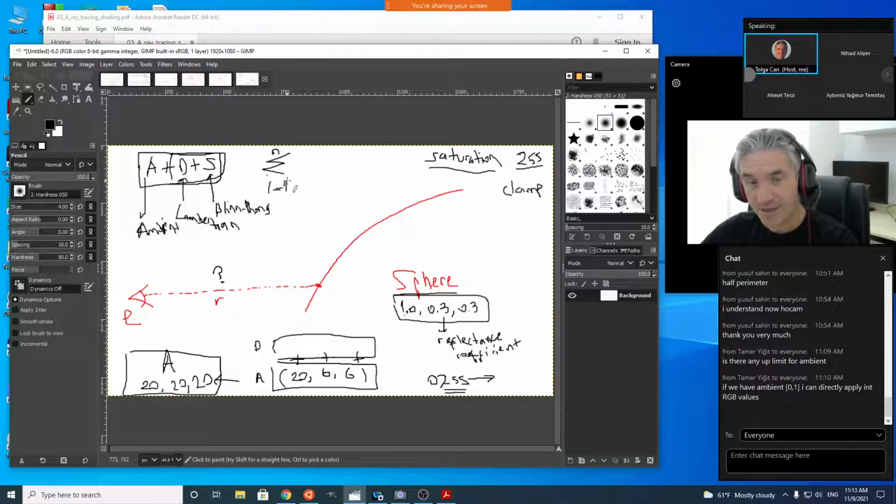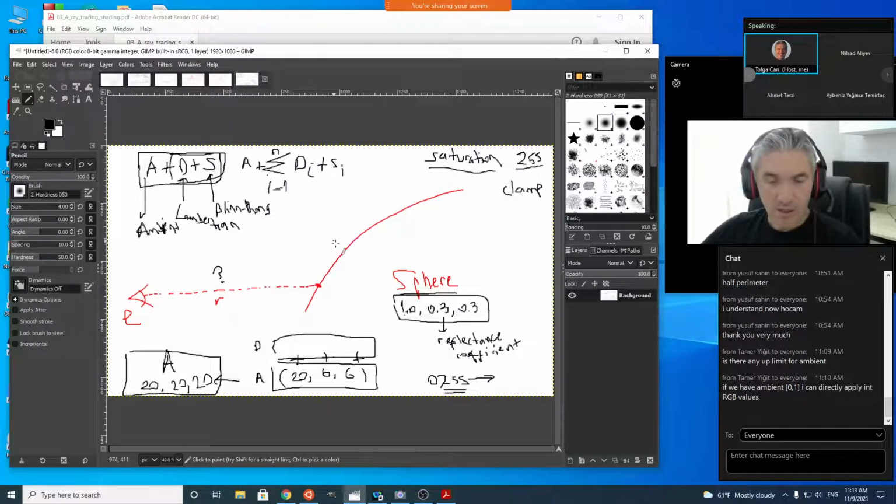You compute the diffuse component due to light source i, you compute the specular component due to light source i, and you add them up, and you add everything to that ambient component. So if you have multiple light sources in the scene, the contributions of different light sources on this point are also additive, okay?